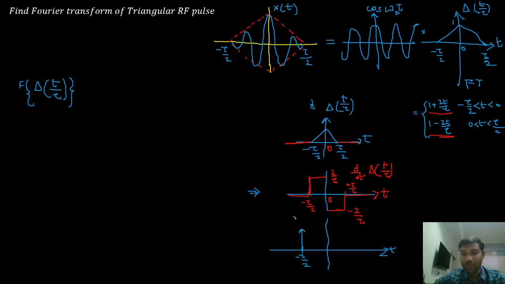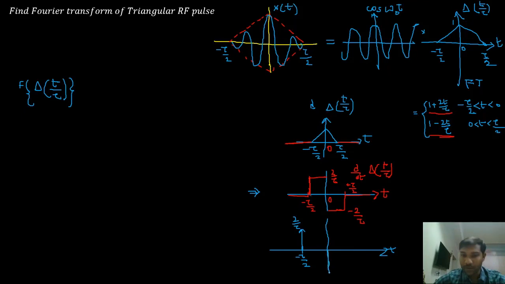The amplitude is going to be 2 by tau. And similarly, at 0, from 2 by tau, it is going down to minus 2 by tau. So the total strength is going to be twice the 2 by tau, right? The amplitude is 2 by tau and the amplitude is again 2 by tau. So it is 4 by tau.